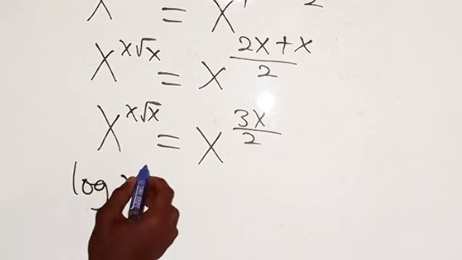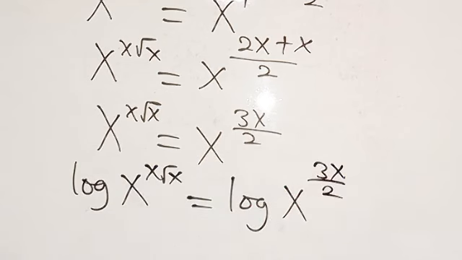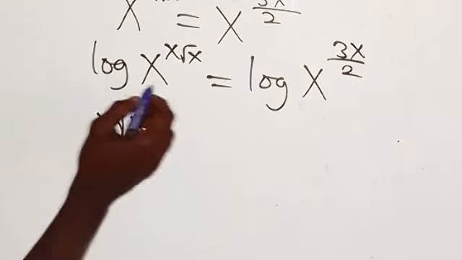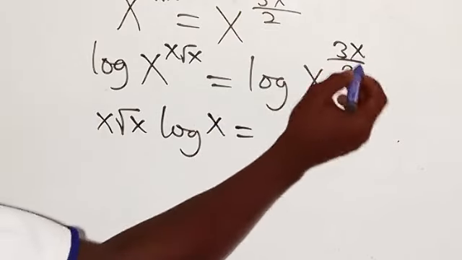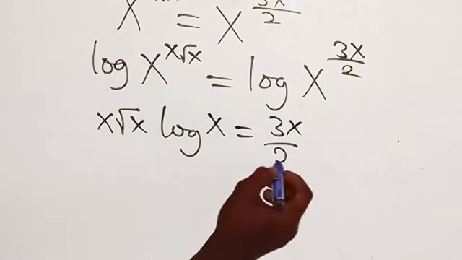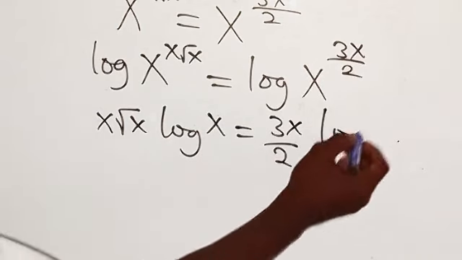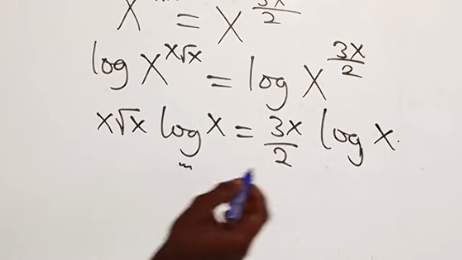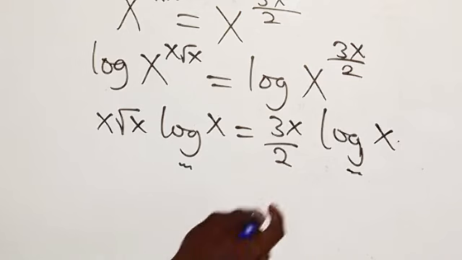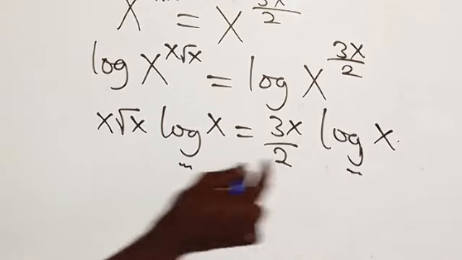So you see that we're going to have this 3x over 2. You know that from the law, this power here, we have to bring down and multiply by log x. We have log x equals, the same thing here, 3x over 2, we bring down and multiply by log x. So now from here, you can see we have log x common, so let us transpose the right hand side to this side.